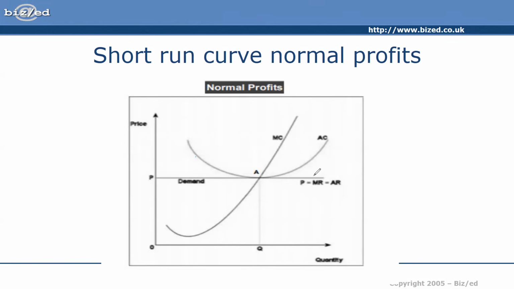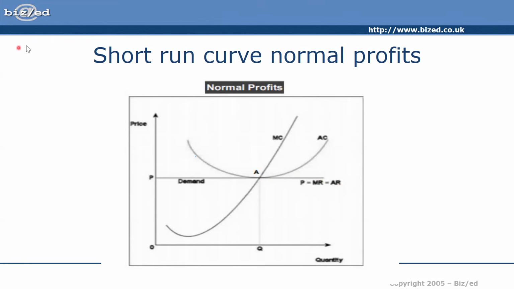So this is the demand curve. Under perfect competition, your marginal revenue is equal to your average revenue. So this price here represents the marginal revenue and average revenue.